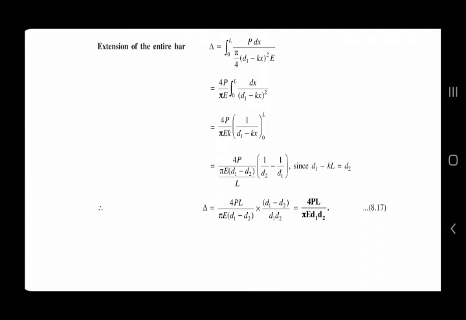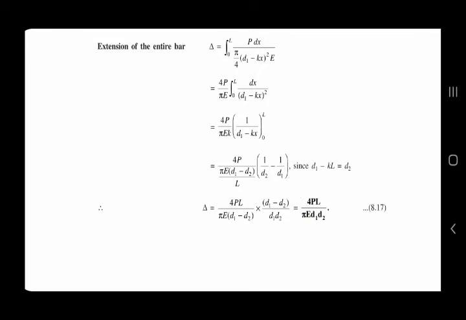Substituting the limits, we get 4P upon pi E into (D1 minus D2) upon L into [1 upon D2 minus 1 upon D1]. Since we are substituting D1 minus KL equal to D2, the entire extension of the bar is 4PL upon pi E (D1 minus D2) into (D1 minus D2) upon D1 D2, which is equal to 4PL upon pi E D1 D2.